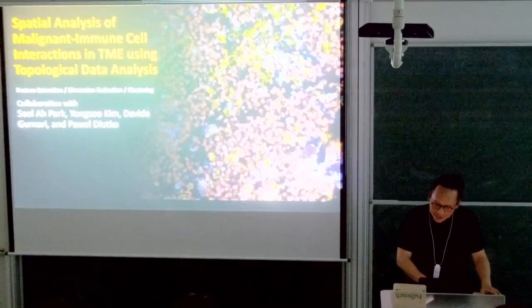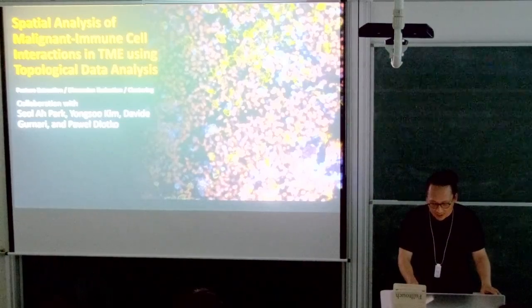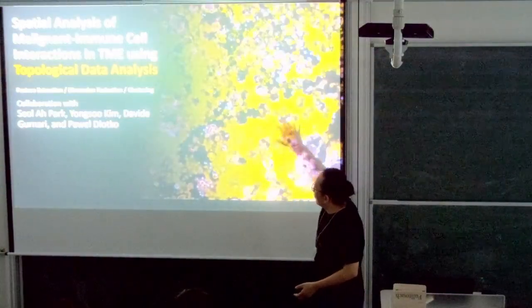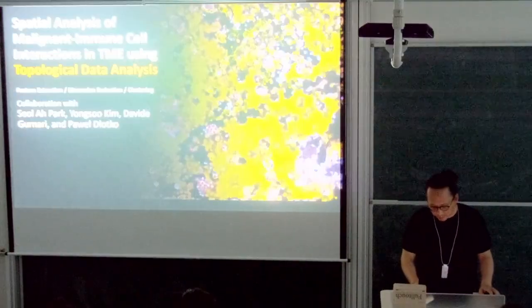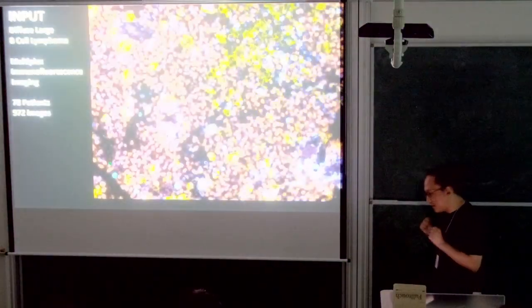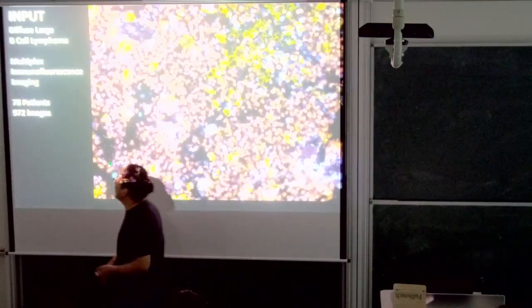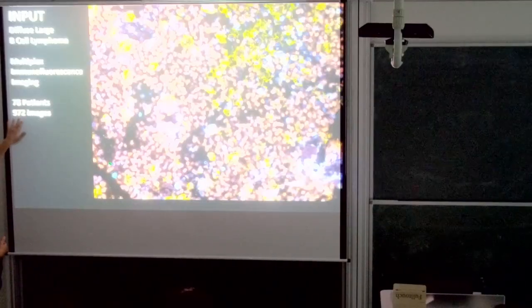In this case, we need to talk about topological data analysis a bit more. TDA, in this case, can bring you some of these olive color diagrams. I will explain what it is. From the data perspective, we have 78 patients with diffuse large B-cell lymphoma, one kind of cancer, and we have 97 images.